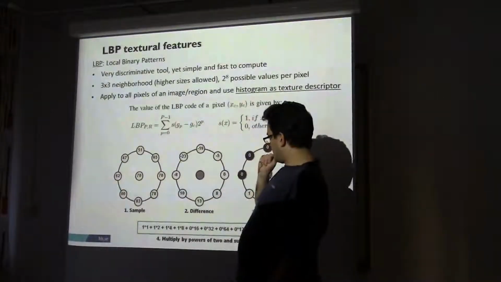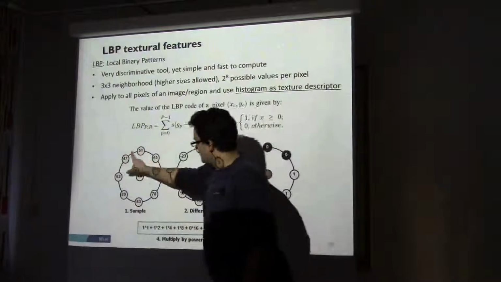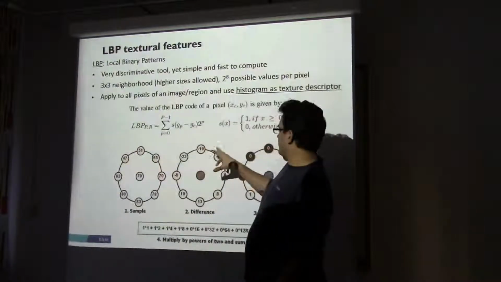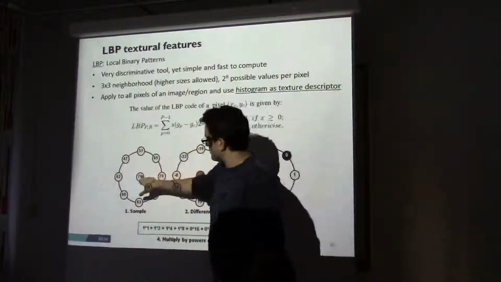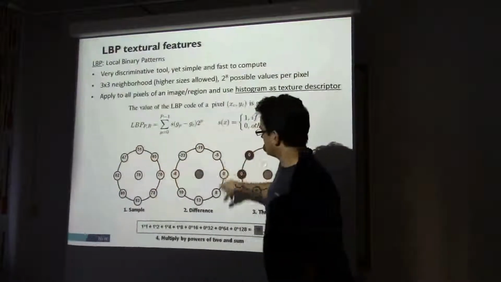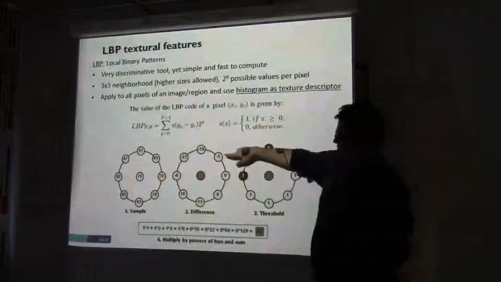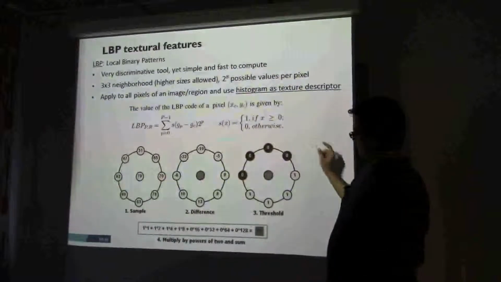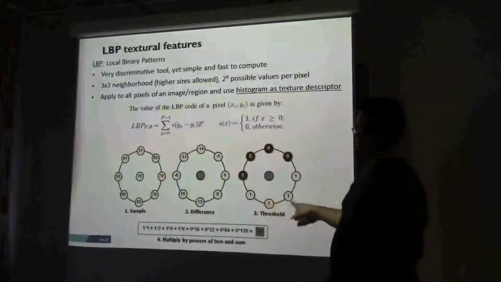You get the difference between the center and all these 8 pixels. If the difference is negative, you put 0, and if the difference is positive, you put 1.